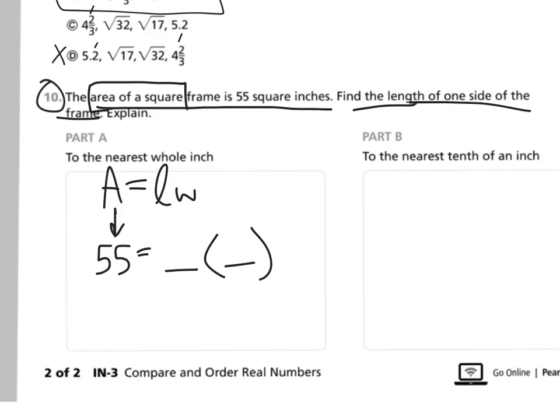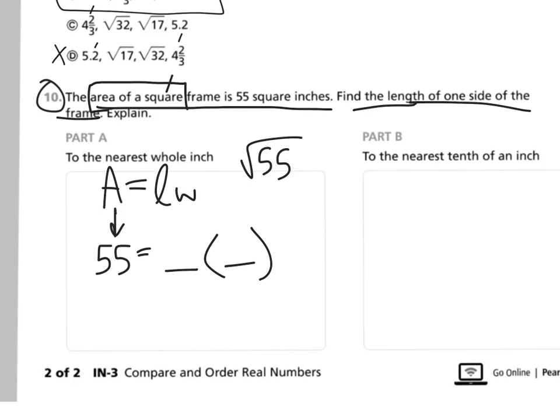But it's a square, so they have to be the same as each other. That sounds like something we've been talking about in this lesson. A number times itself to equal something, we can do the square root.